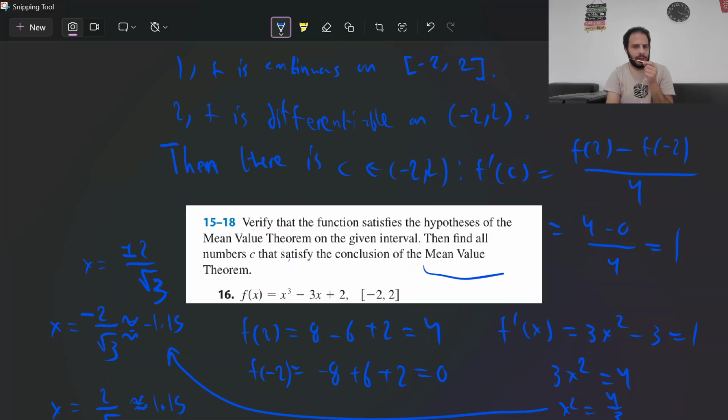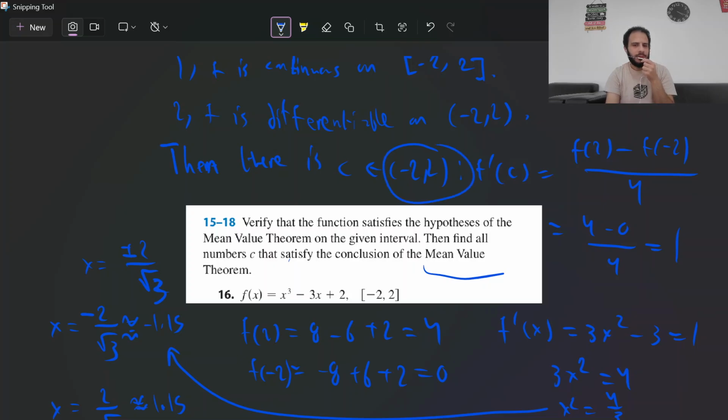So are they in the open interval? Are these solutions good? Is minus 1.15 and 1.15 in this open interval minus 2 to 2? Yes.